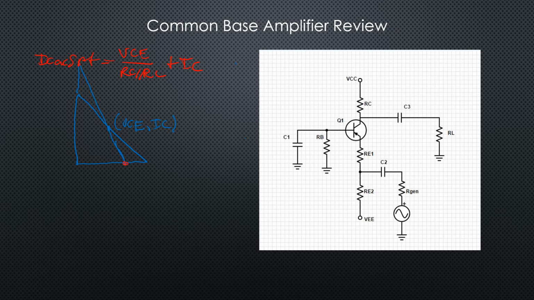And our VCE AC cutoff point is equal to VCE plus IC times RC in parallel with RL.